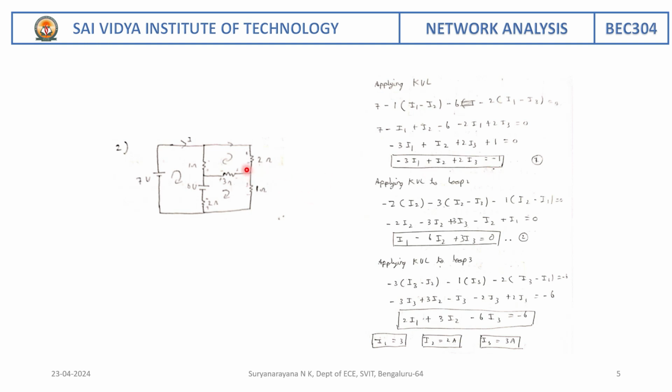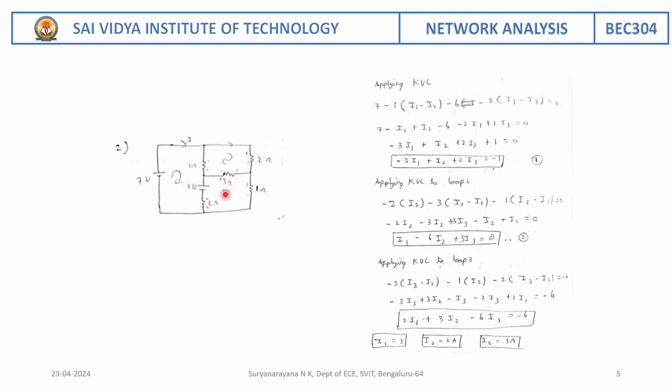Similarly, apply KVL for loop 2. So we'll get the equation I1 minus 6I2 plus 3I3 is equal to 0. So depending on the mesh three, there is a voltage source and three resistance. Therefore, we can write minus 3, that is I3 minus I2. I2 is in opposite direction.